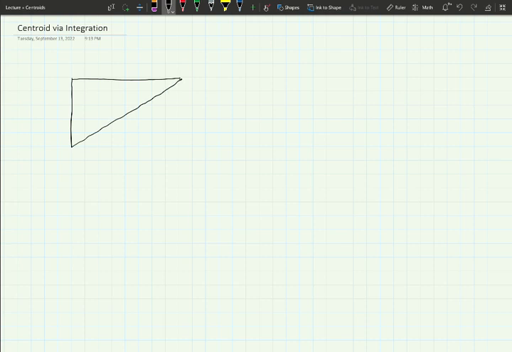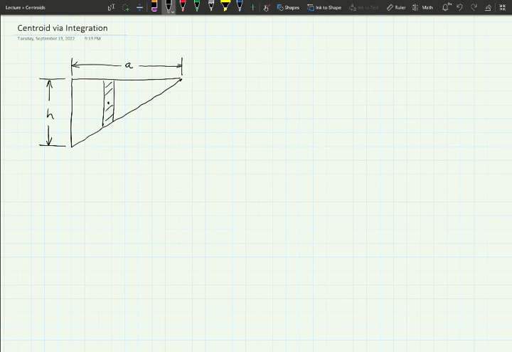We're going to do this with height H and base little a, and I'm interested in knowing the centroid that will be someplace in there.